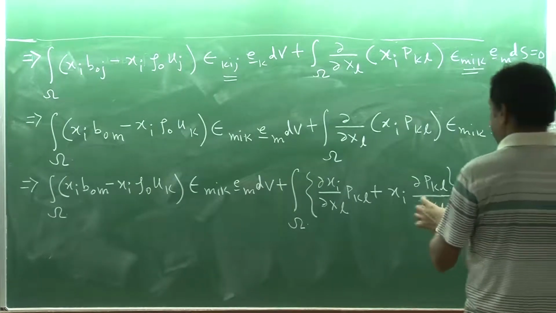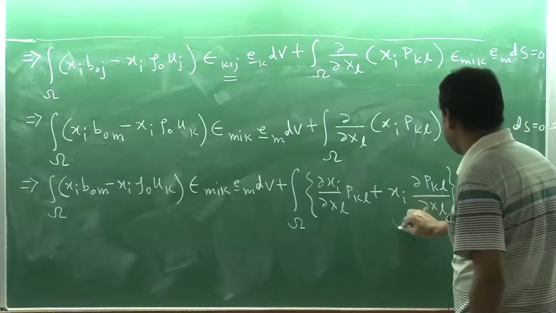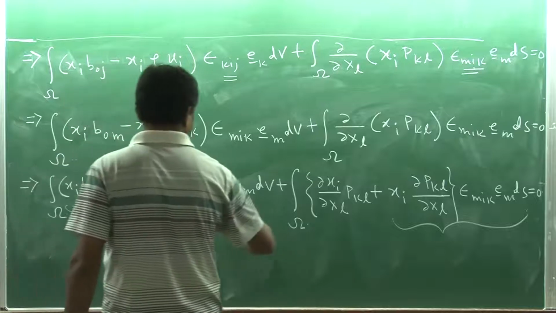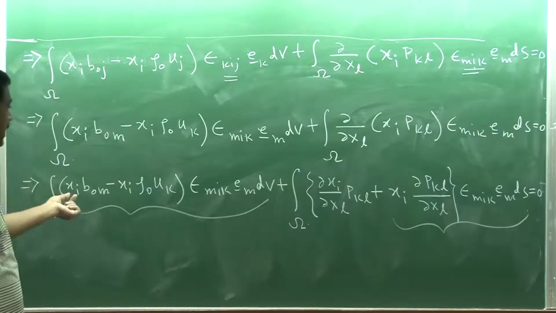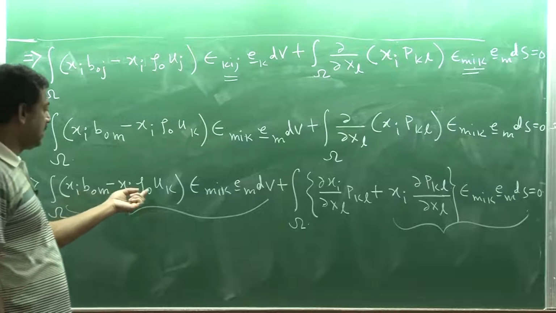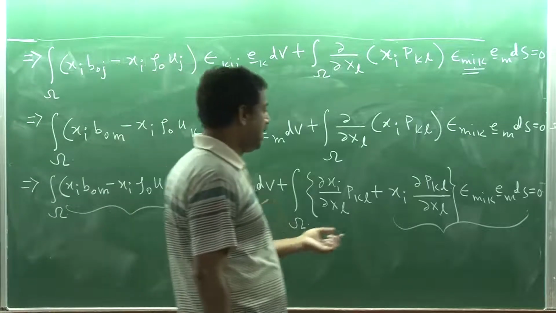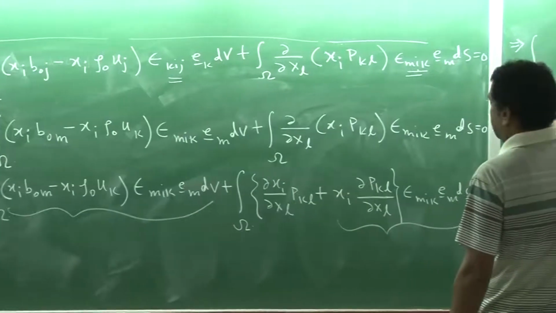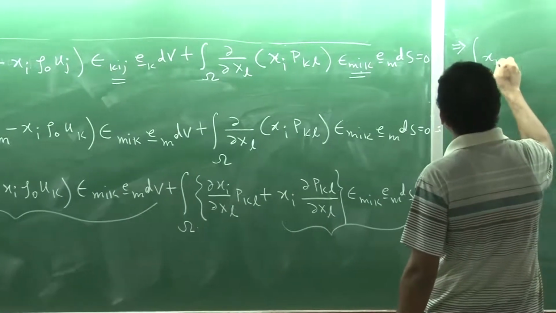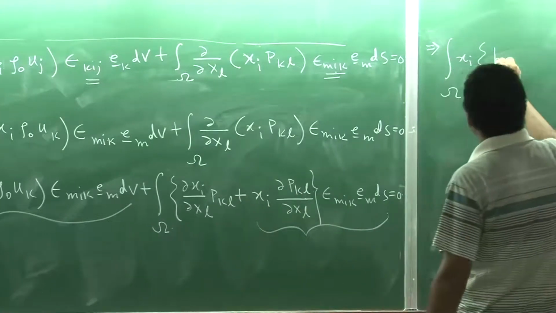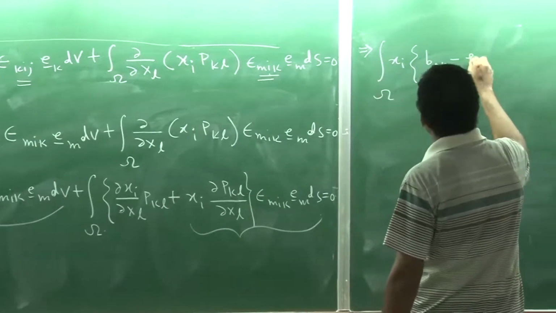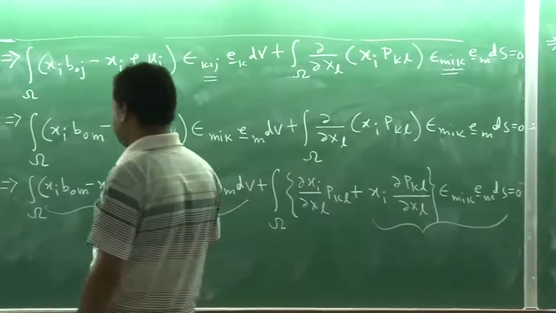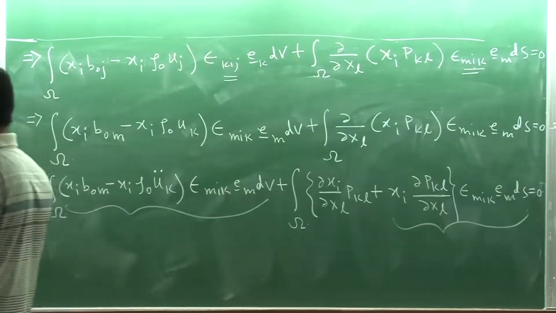So, if I see this part xi and this part, I can put together, right, because this is xi b0 m minus xi rho 0 uk epsilon I k m dm, and this is also xi something. So, I can combine these two. So, I can combine this xi in b0 m minus rho 0 uk. Okay, uk, of course, here it is double dot, uk should be double dot, right, because it is acceleration.